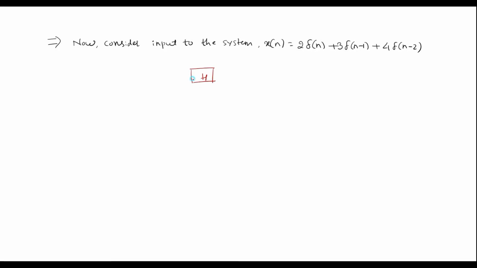To this system, the input x of n is applied. In that case, it will produce the output, which is 2h of n plus 3h of n minus 1 plus 4h of n minus 2.